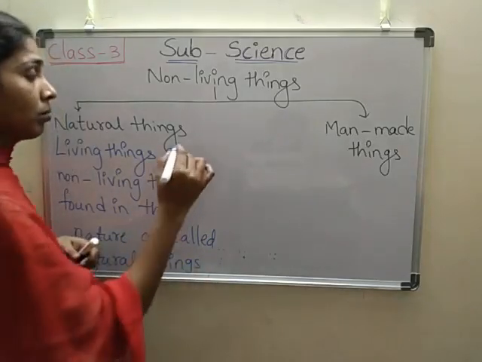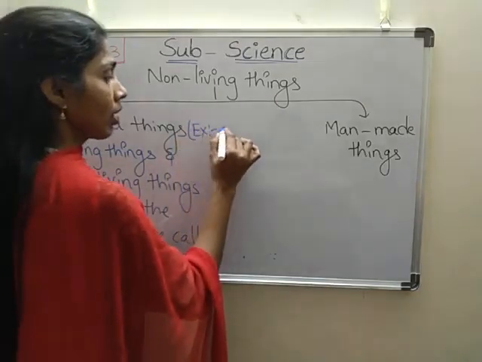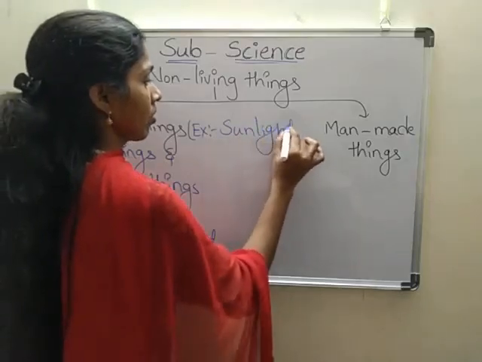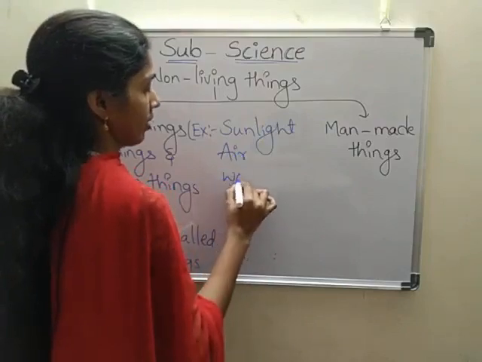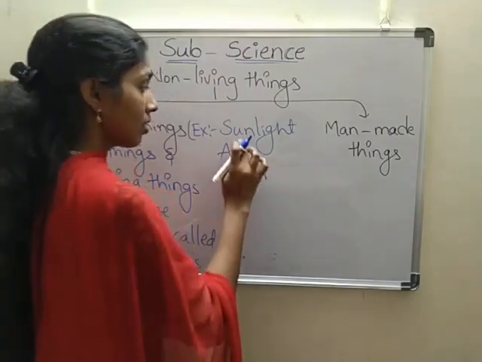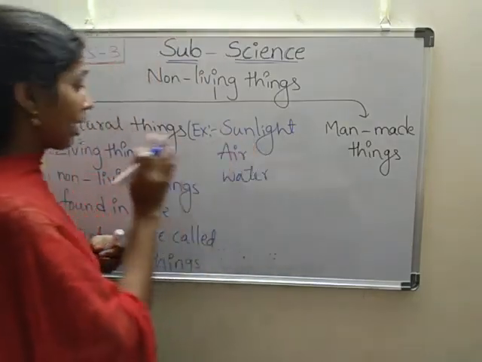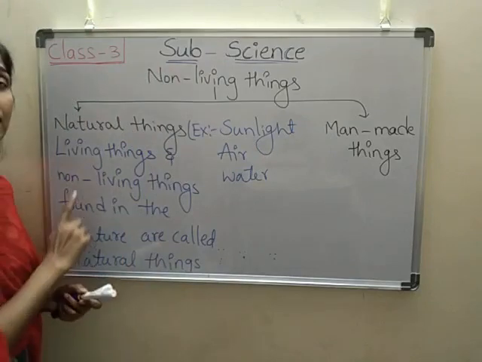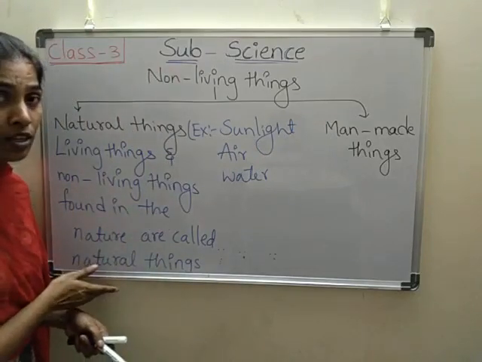For example, sunlight, air, water. Sunlight, air and water are examples of natural things. Living things and non-living things found in nature are called natural things.